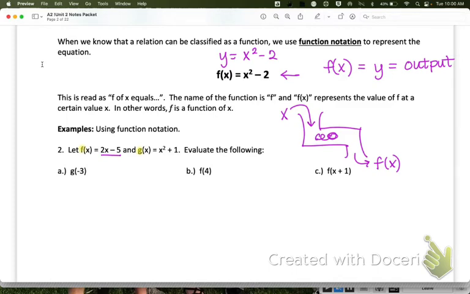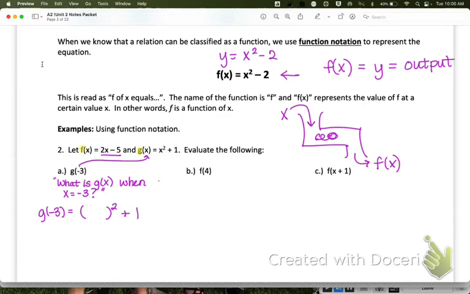So A, if I want to find g of negative 3, here's what that's asking in words. What is g of x when x is equal to negative 3? So the first thing we have to decide is what rule are we supposed to use? Well, this is g of x, so the second one is the rule we're going to use. And so what we do to find g of negative 3 is we take out the x's from the function.